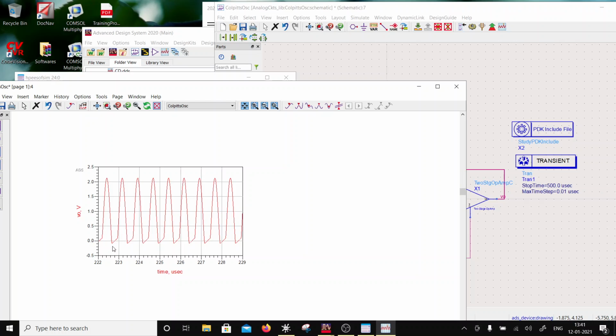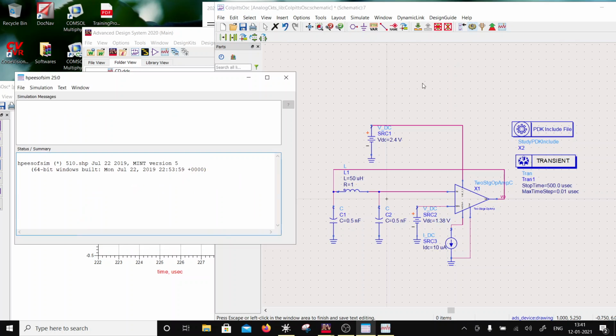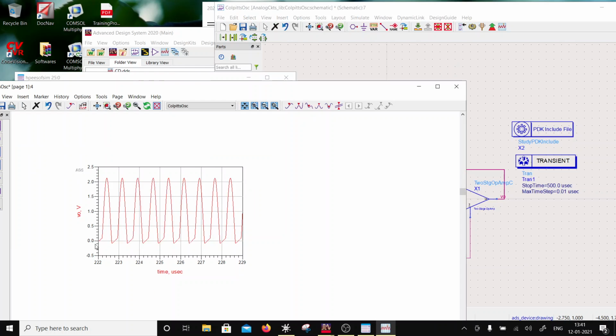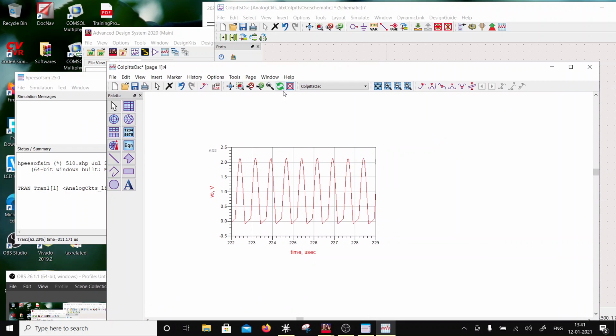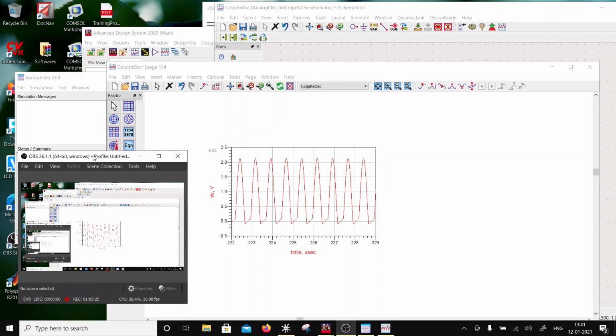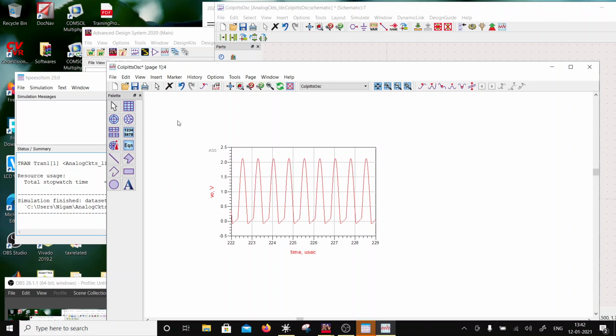It is hitting this over here and clipping it out. So if it is clipping out, that means I change this one to be up a little, 38 maybe, and hit simulate again. So this is clipping here, right? Okay, just a second.